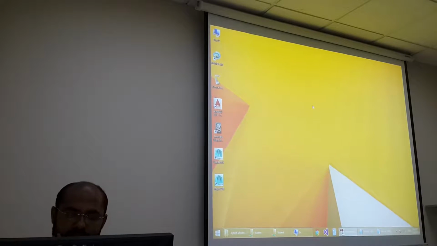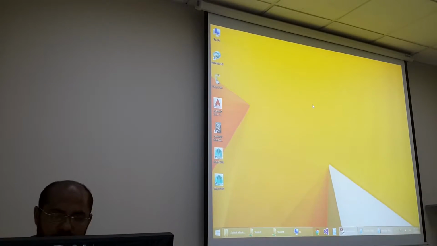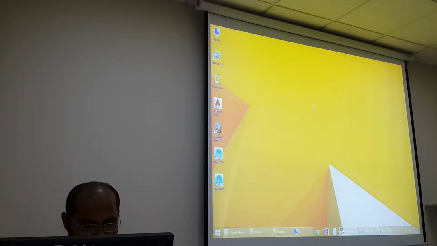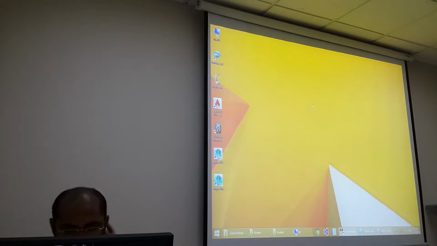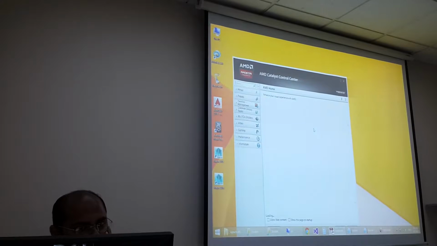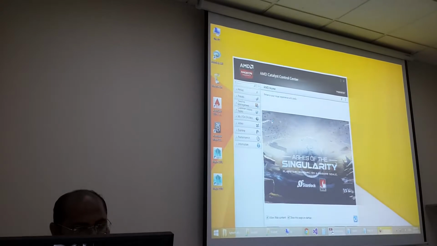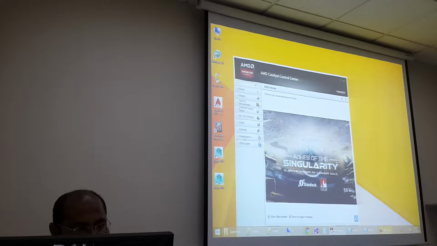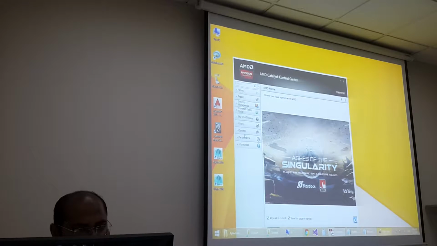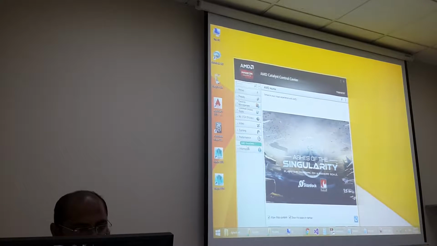Data oriented. Yeah, that kind of stuff. Now our computers are all data oriented, not multimedia oriented. Sure. So we are using this AMD Radeon software. Display adapter. And pre-installed. Okay.